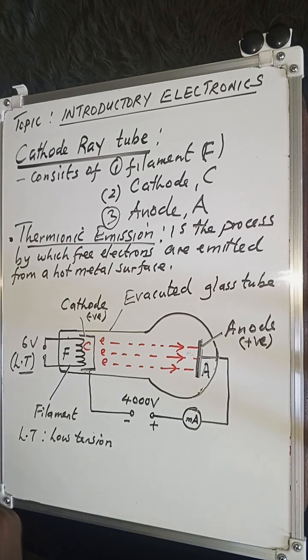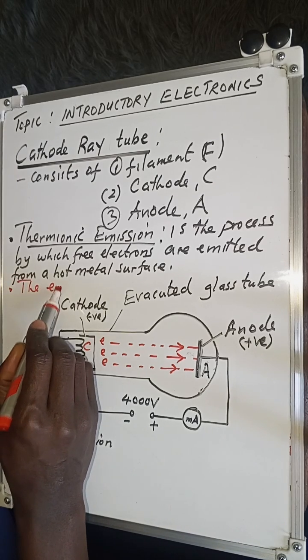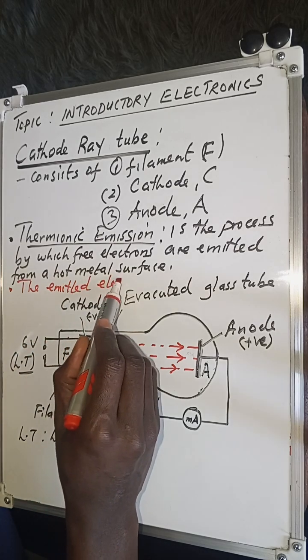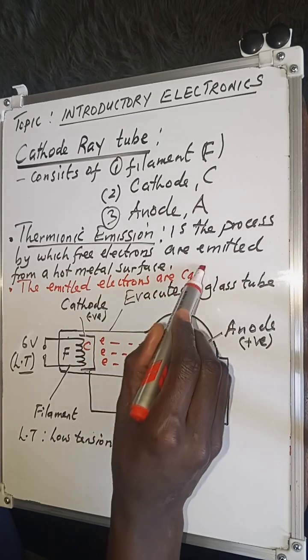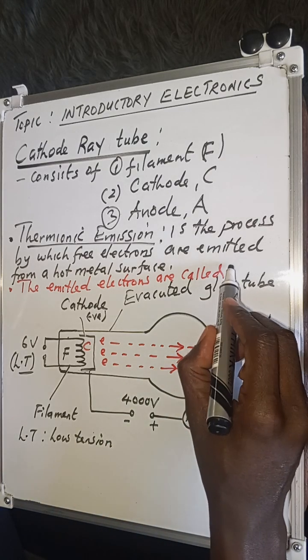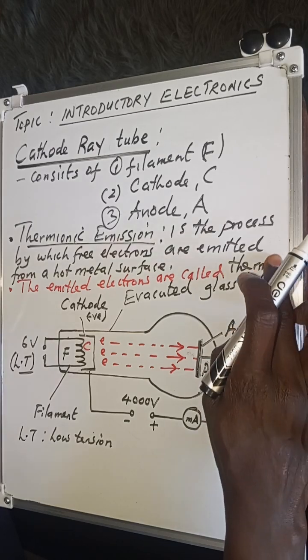Those emitted electrons, we call them thermions. So I can put up a point and simply say that the emitted electrons are called thermions.